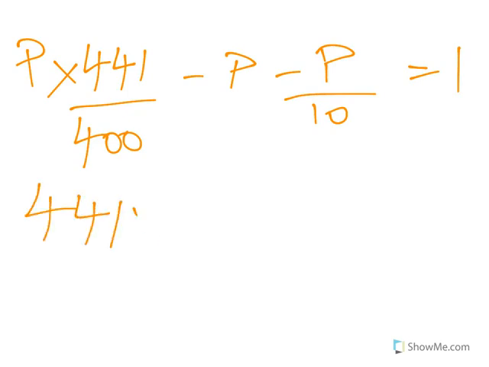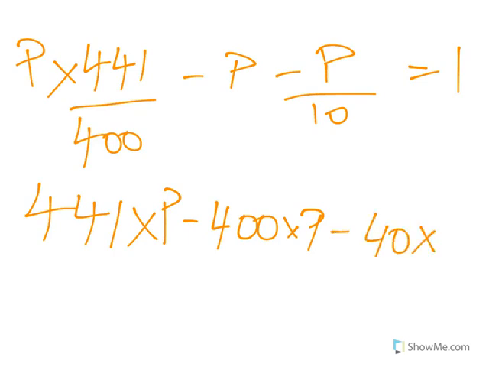So this just becomes 441 times P minus 400 times P minus 40 times P is equal to 1. This one became 40 because 400 divided by 10. So let's finish this. 441 minus 400 is 41, minus 40 is 1. So that's just 1P. So P is equal to rupees 1.